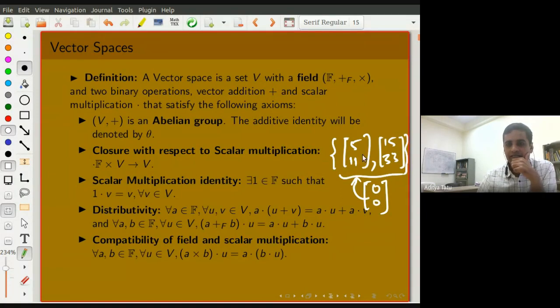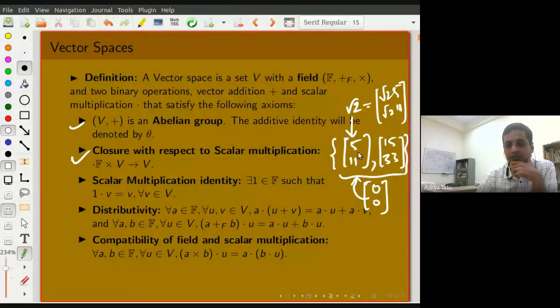Then what else? Is this set closed with respect to vector addition and scalar multiplication? These two axioms. For example, if I multiply this particular element by, say, square root 2, the resultant would be root 2 times 5 and root 2 times 11.